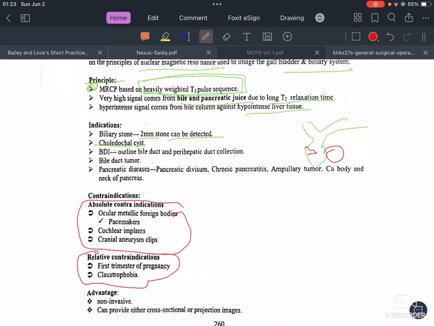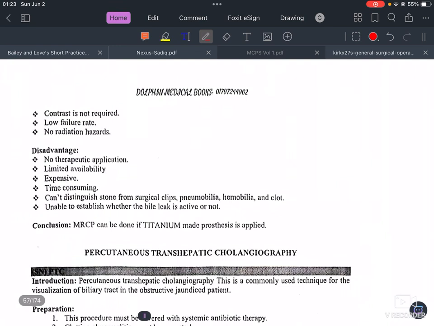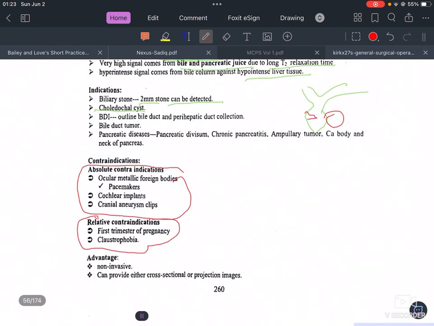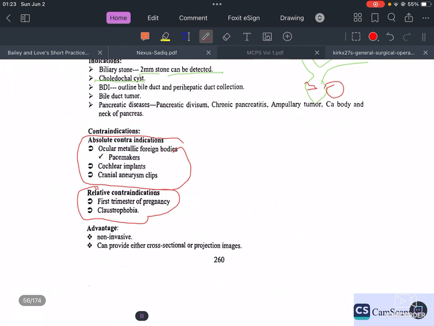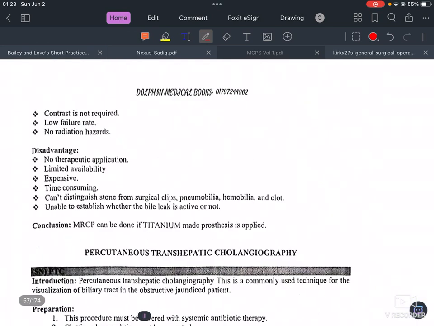Advantage: non-invasive, can provide either cross-sectional or projection image. Contrast is not required. First of all, this is non-invasive. There is no need for invasiveness to input anything other than just a cannula and contrast media. Can provide either cross-sectional or projection images.